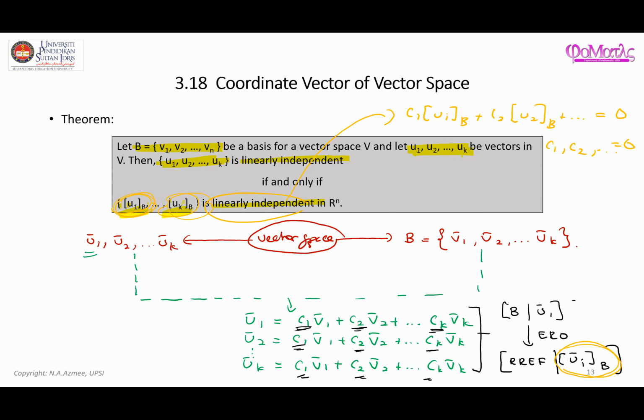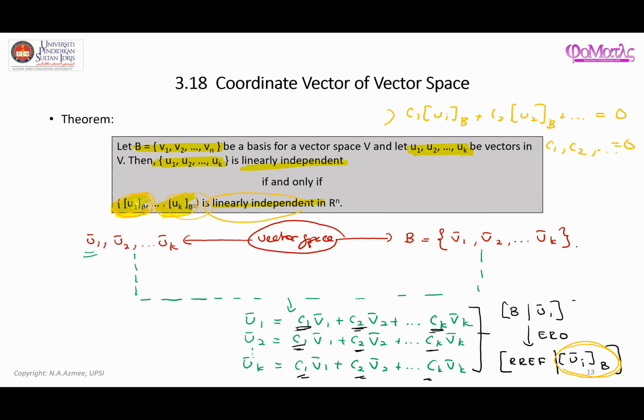So it says here that for the vectors given in this vector space, u1, u2, up to uk, if you want to know if they are linearly independent or not, you have to check the coordinate vector for each of u1 up to uk and see if the combination of them is linearly independent.